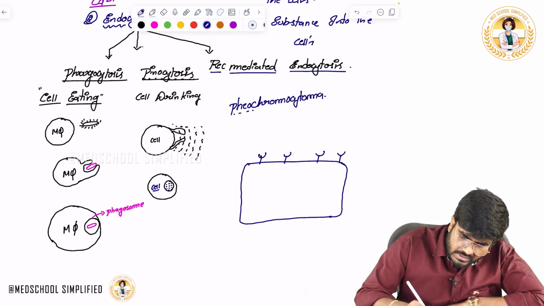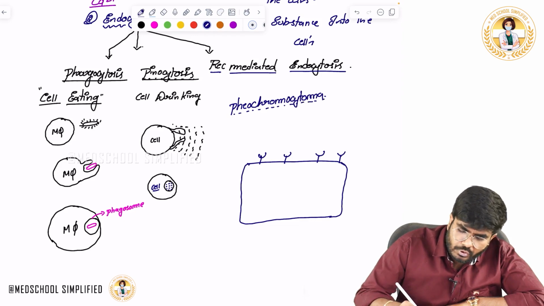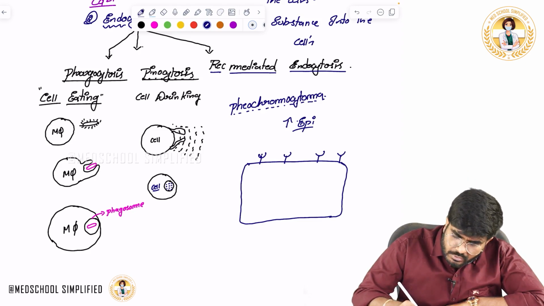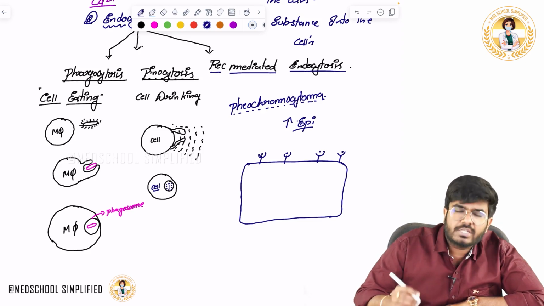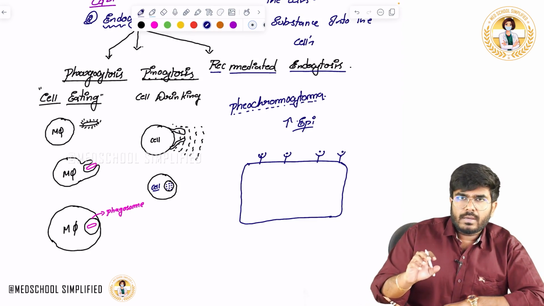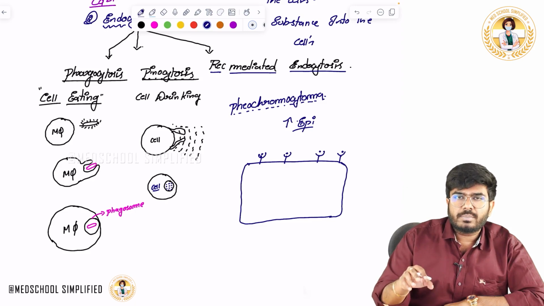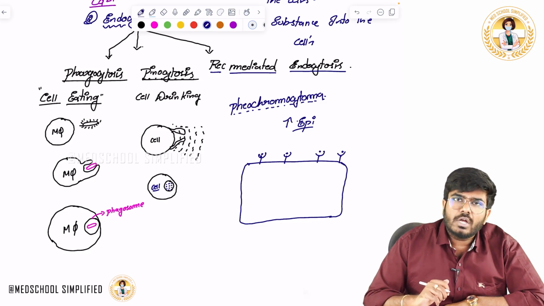In this condition, there is an excessive amount of neurotransmitters, an excessive amount of epinephrine or adrenaline. This adrenaline is going to act on these receptors. Too much stimulation. The neurotransmitter is stimulating these receptors, and too much stimulation is not good.